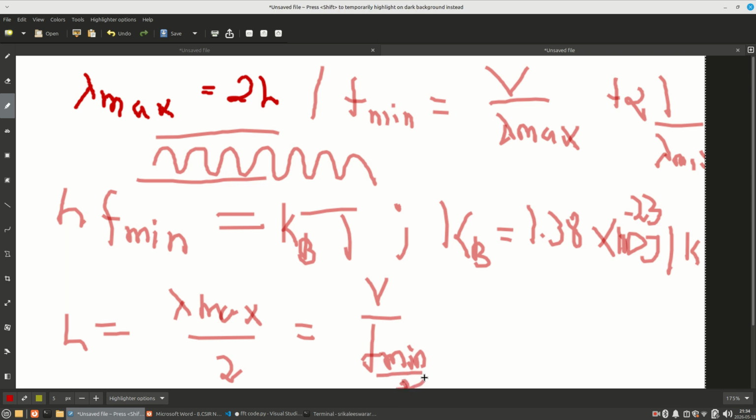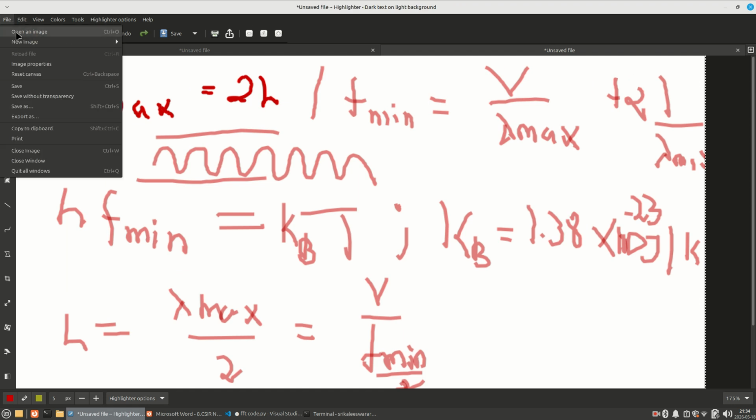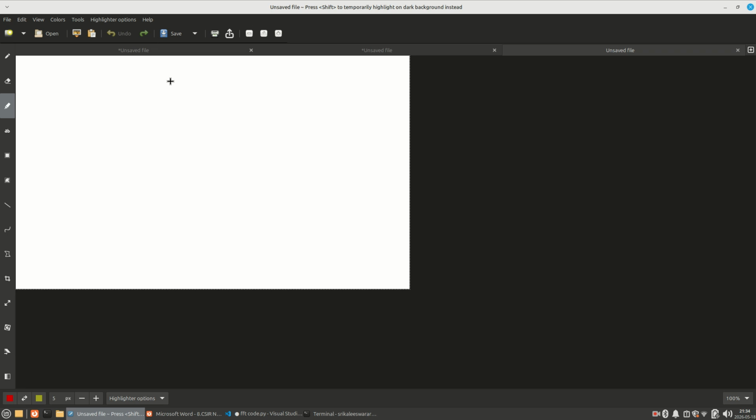What is h F minimum? It is kB T. So here we can find out the values we have to derive. We already know the value for F minimum. When we substitute all of these values, we finally arrive at a formula. Once again, let me write it on a new page.